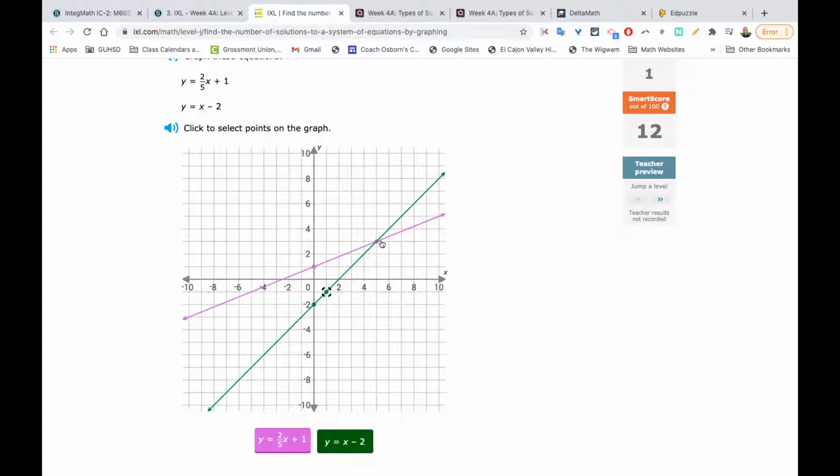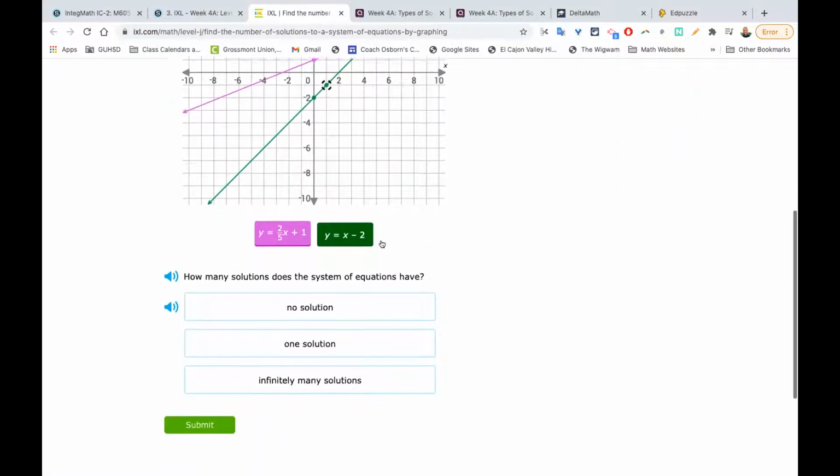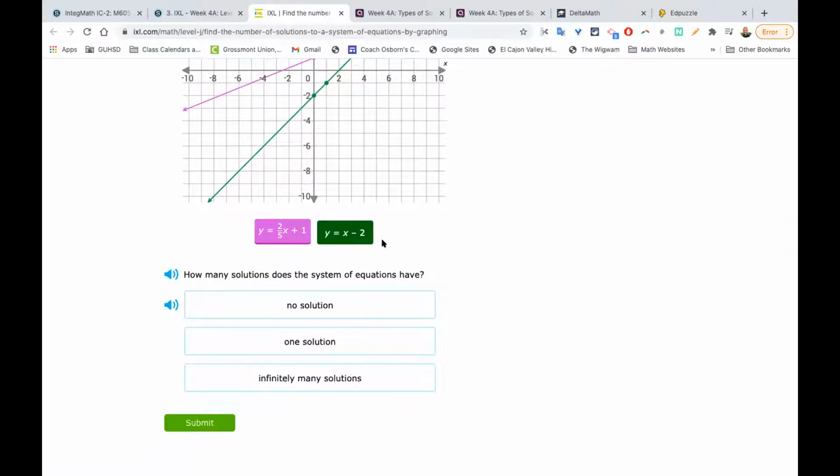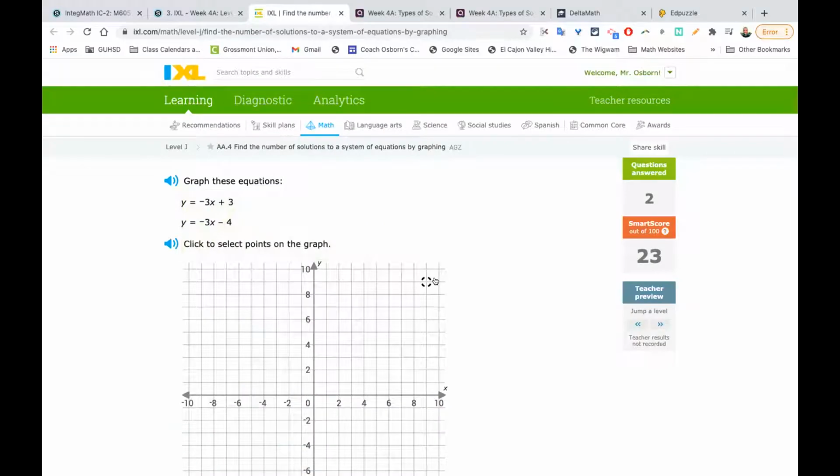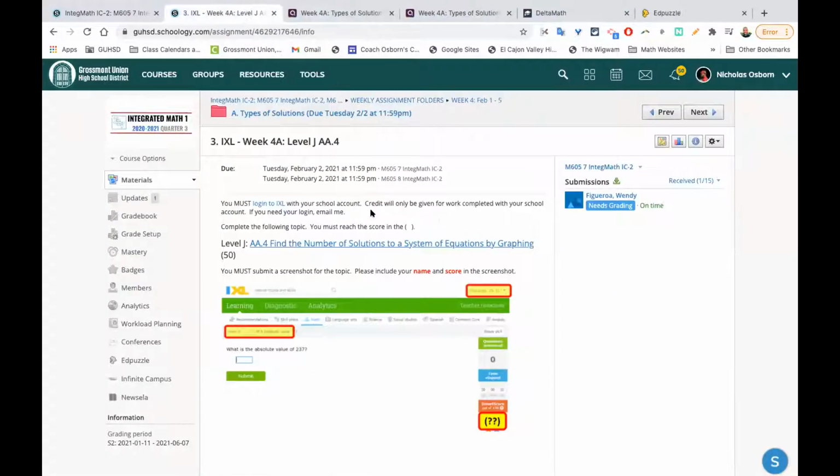But I'm not actually saying what the solution is. I'm just answering the question, what kind of solution do we get? In this case, it's just 1. That's really the focus of today's assignments: what kind of solutions are you getting? Not really what is the answer, but what kind of answer.